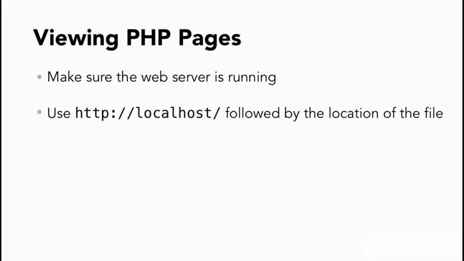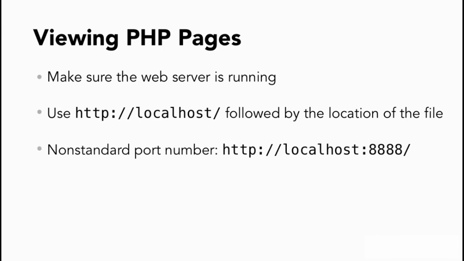Separate folder names by forward slashes and finish off with the file name. If you're using a non-standard port, add the port number preceded by a colon after localhost. For example, by default, MAMP uses http://localhost:8888.